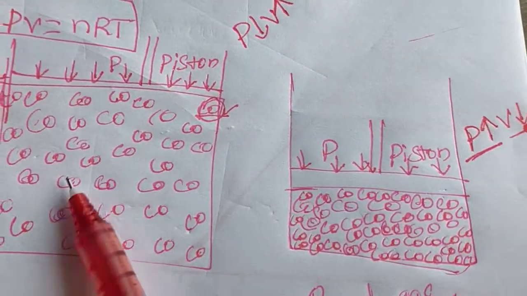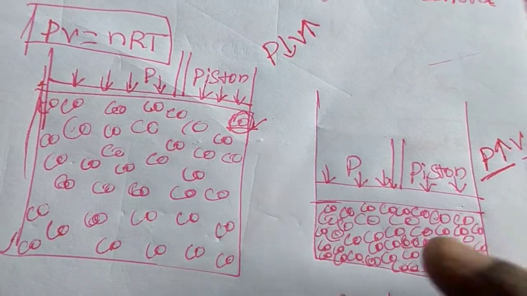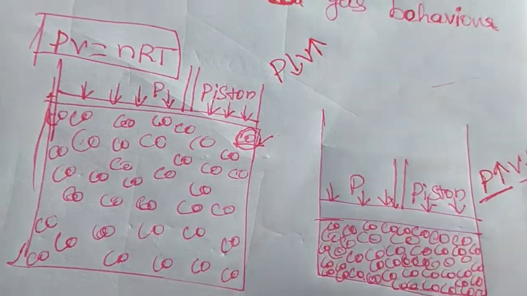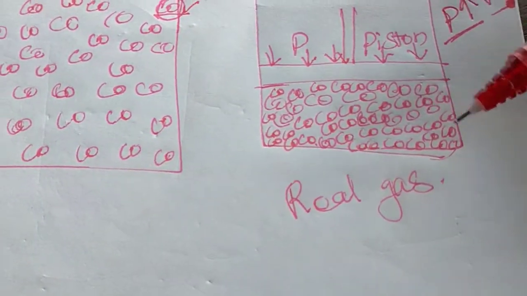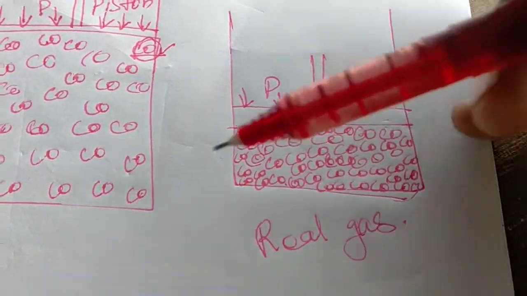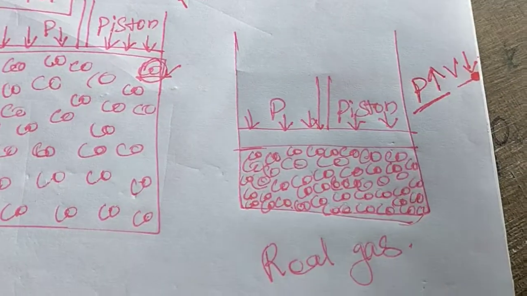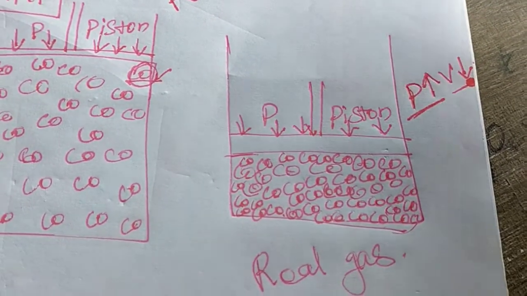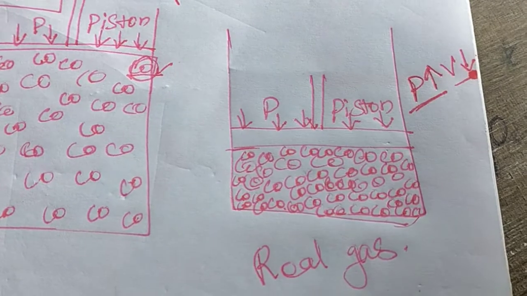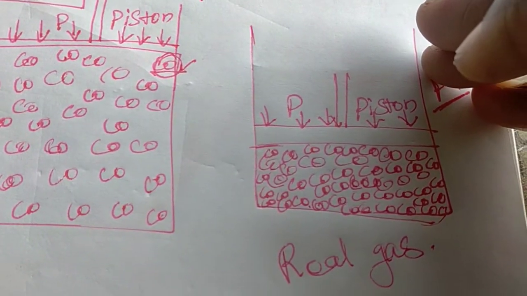Okay, because in the first system we don't have any attractive force between the molecules because of the distance, or they are far away from the other molecules, but here they are much closer than the first one. So because of this closer tendency with the other molecules, their intermolecular force has some significant effect between the molecules.